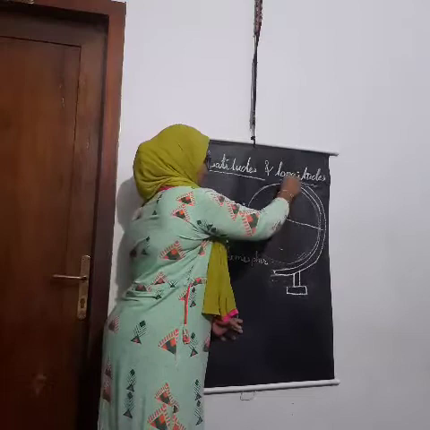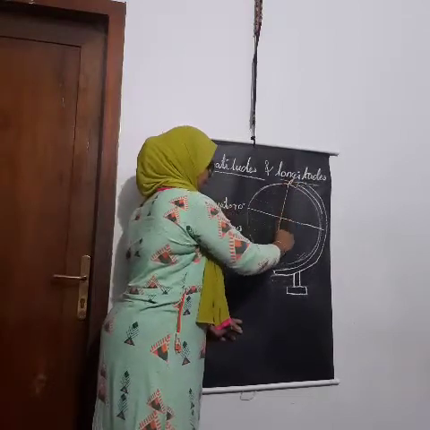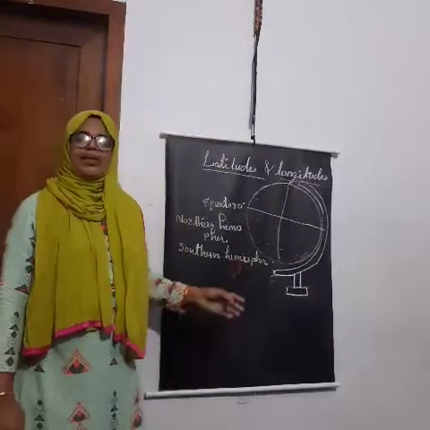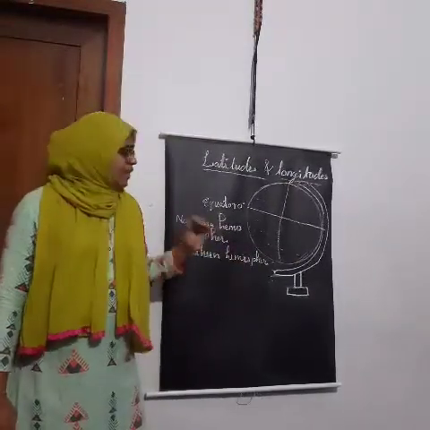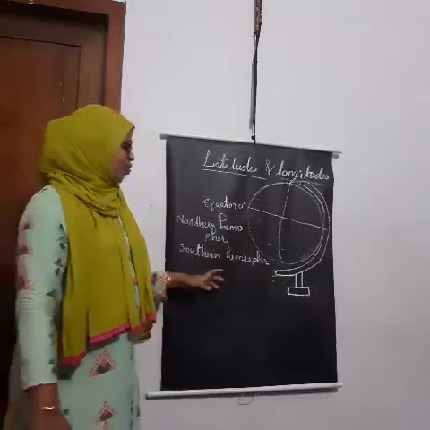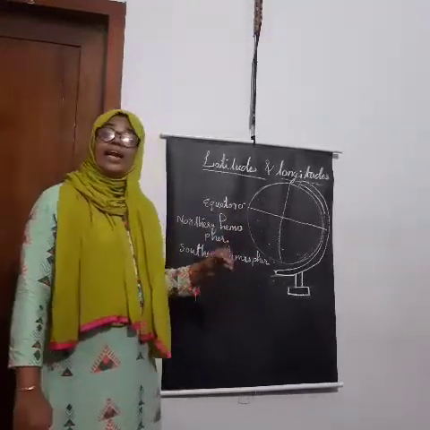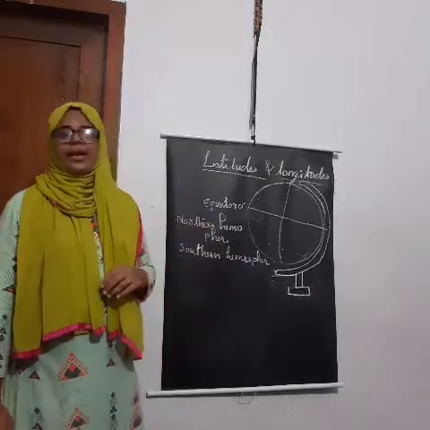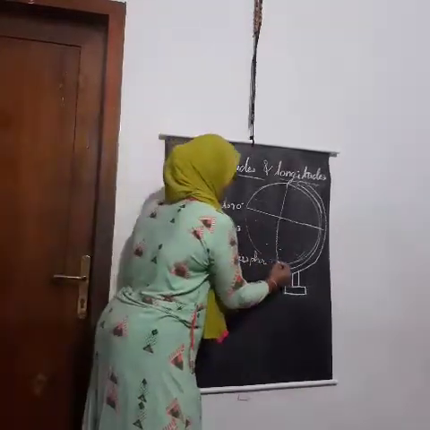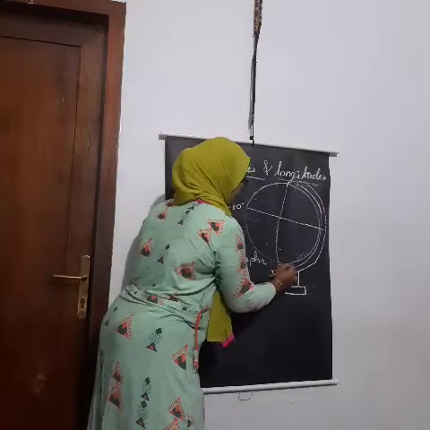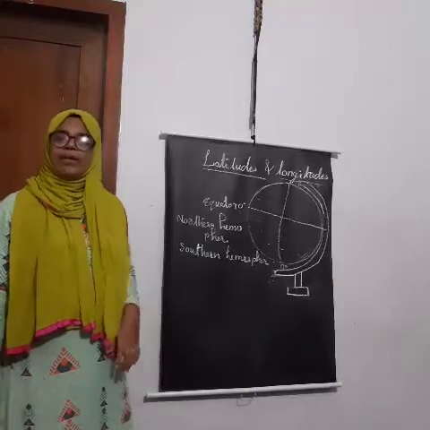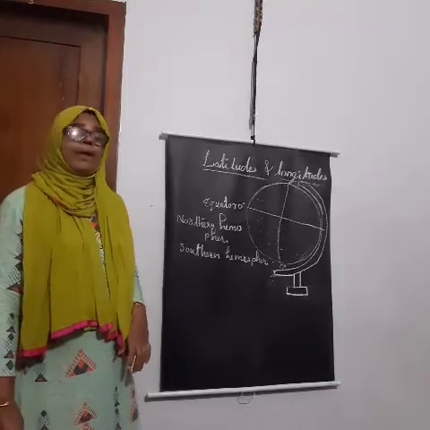So when we are drawing this imaginary line, this central imaginary longitude, with which degree? 0 degree is called central meridian or prime meridian. Listen very carefully. The central meridian, the longitude with 0 degree, can be called what? Central meridian or prime meridian.